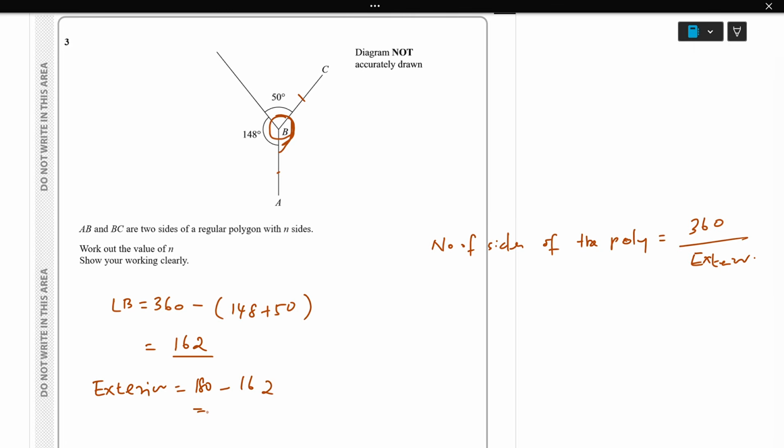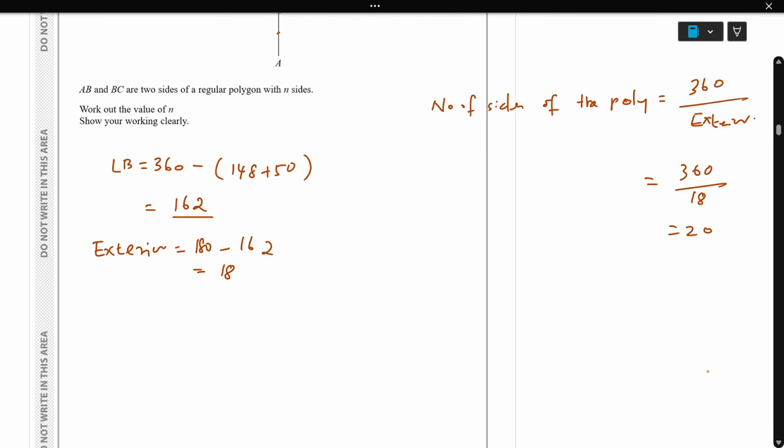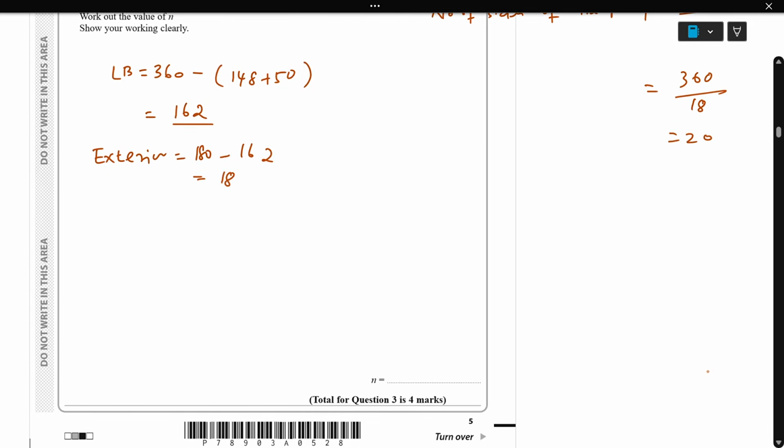The interior is 162. We get the exterior, which is going to be 18. Now the number of sides of the polygon is 360 divided by 18, which is going to be 20. So this polygon has 20 sides, and the answer is n equals 20.